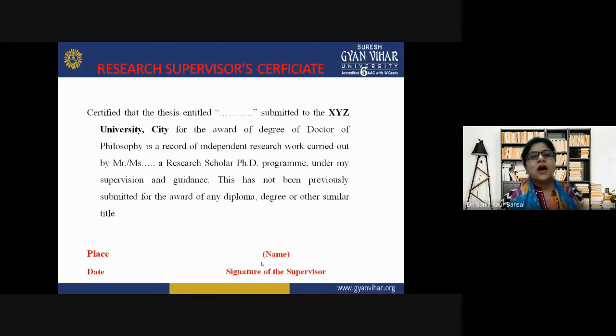Now this is the research supervisor certificate. After the declaration, you will have a research supervisor's certificate as well.